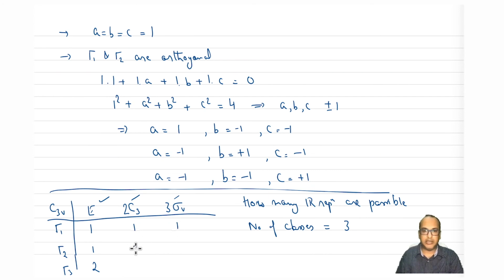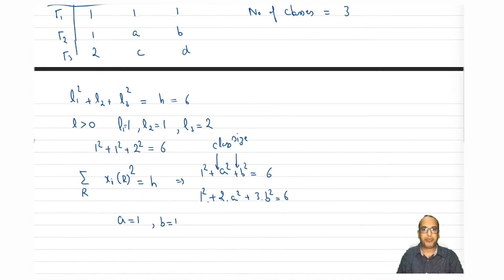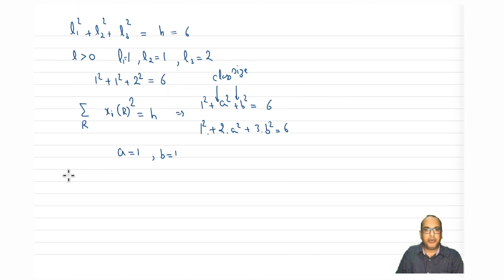So now let us write down a, b and c, d again, and apply the same conditions again. Now, 1 square plus 2a square, so again multiplying with the class size, plus 3b square is equal to 6, and the second equation is 1 dot 1 plus 2 into 1 dot a plus 3 into 1 dot b is equal to 0.